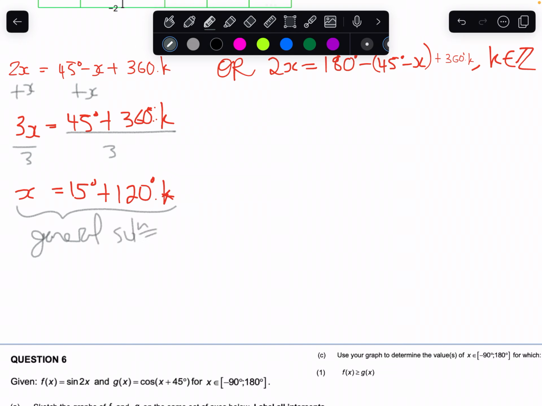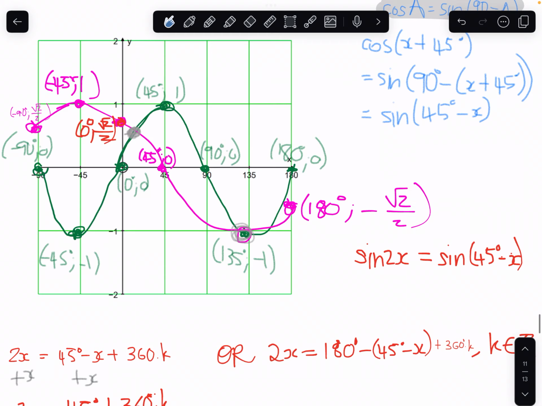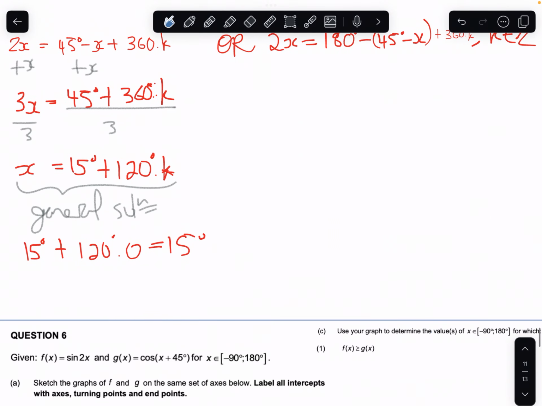Okay, so the more specific solution for our case, we can say, well, 15 degrees plus no 120s, right, if we make k 0. So that's the one option, which gives us 15. And from our diagram, it suggests that that's pretty much the only solution we're going to get out of this.